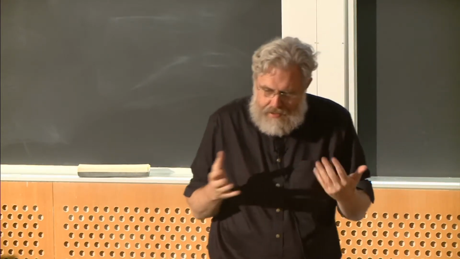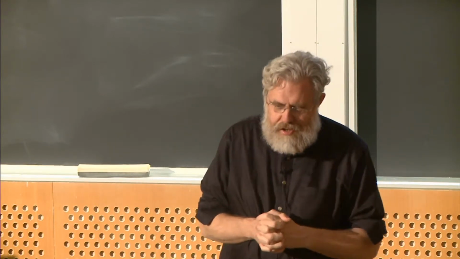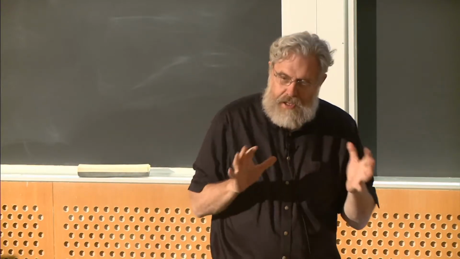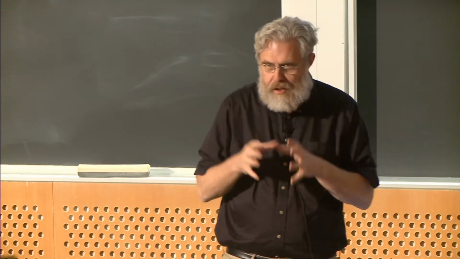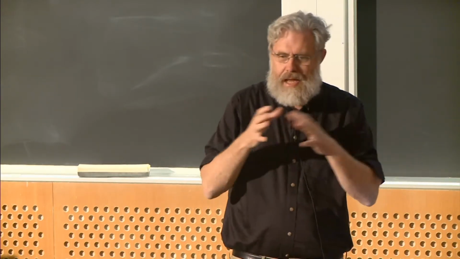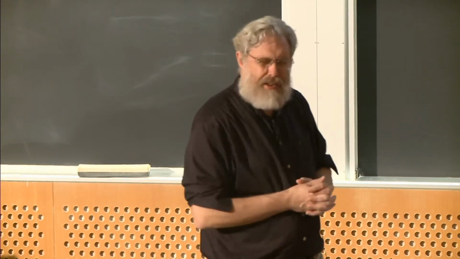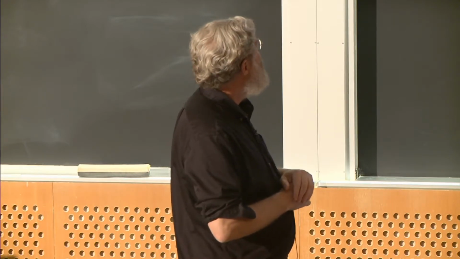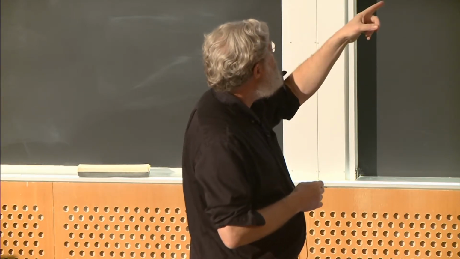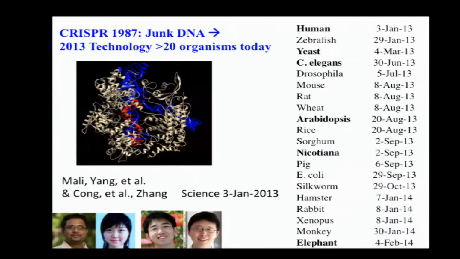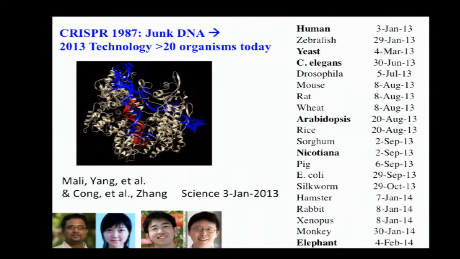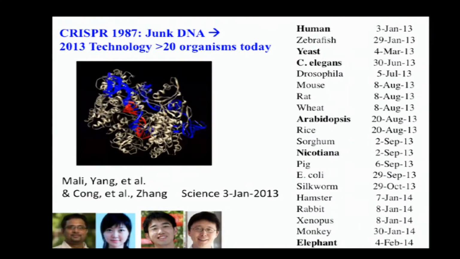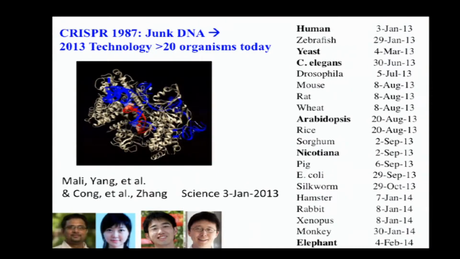It eventually became clear to the cognoscenti bacteriologists that it might be an interesting adaptive immunity, kind of like antibodies, rather than the fixed or native immunity, which were restriction enzymes. So this is the adaptive version of restriction enzymes. But it still didn't really catch on until 2013, when a couple of my postdocs and ex-postdoc and graduate students in January got it to work in humans, moving it from bacteria to humans, kind of a big jump.